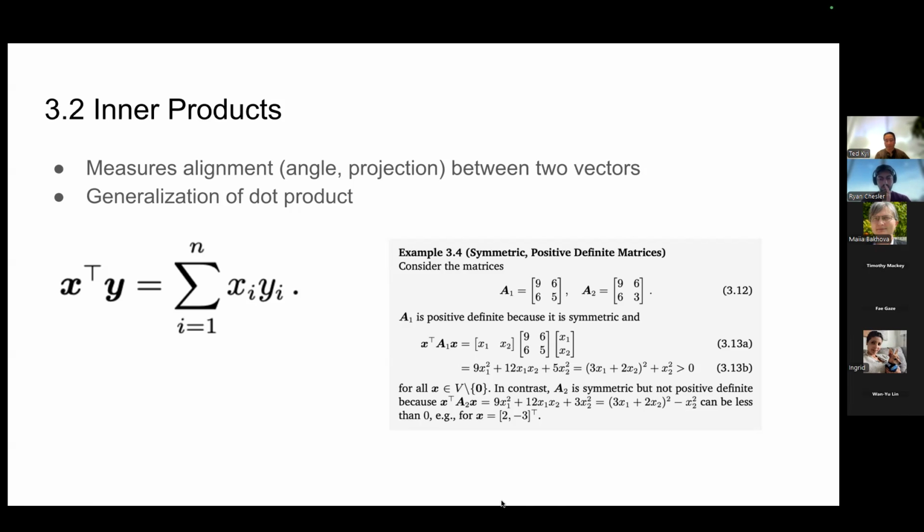Well, you can look at the scalar product as projection. So numerically, it is a projection onto one of the vectors, I mean. Right, but some matrices are valid inner products and some are not, and why?